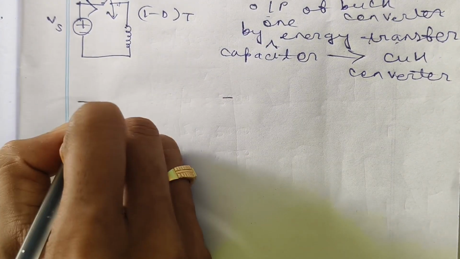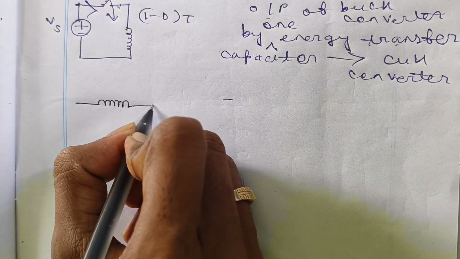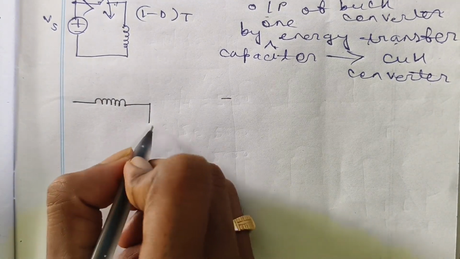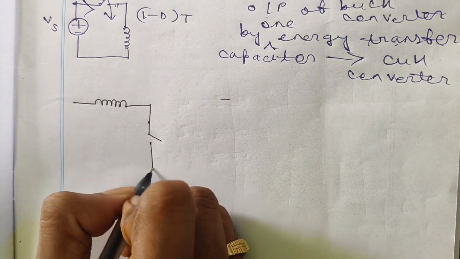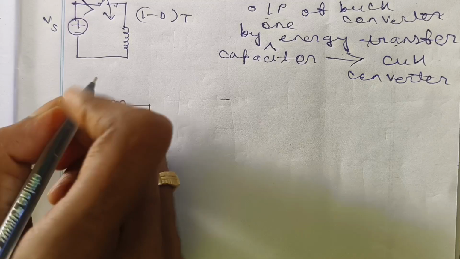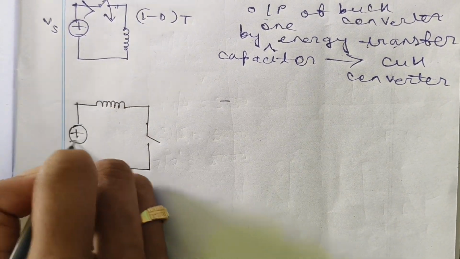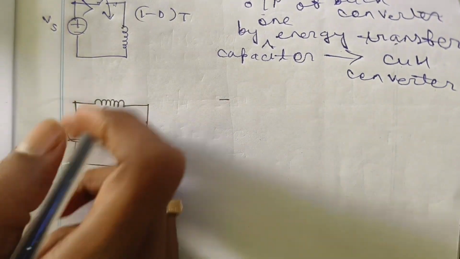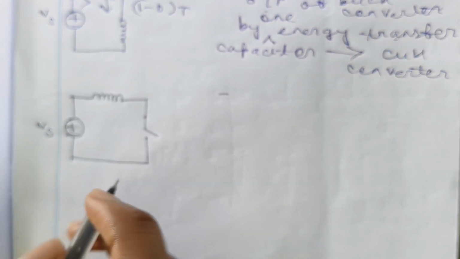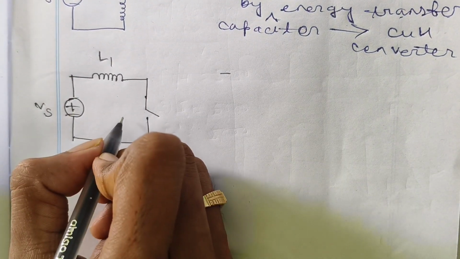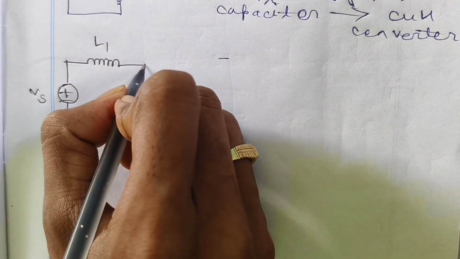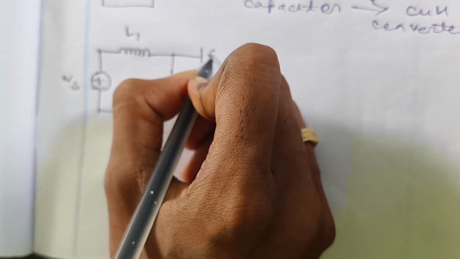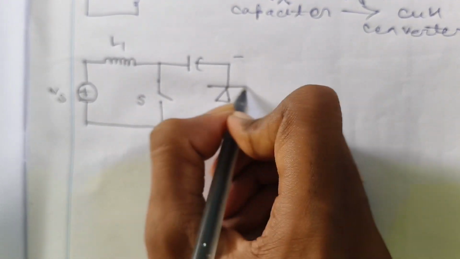So what is the circuit diagram of the Cuk converter? It is like this. The input should be as per the boost converter. There is a switch, let's say IGBT or MOSFET, that you can use. Plus minus is the supply voltage, and L1 is connected over here. This is switch S or T, T meaning transistor. One energy transfer capacitor will be connected, and a diode will be connected.